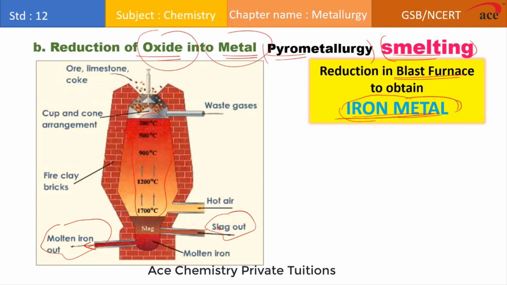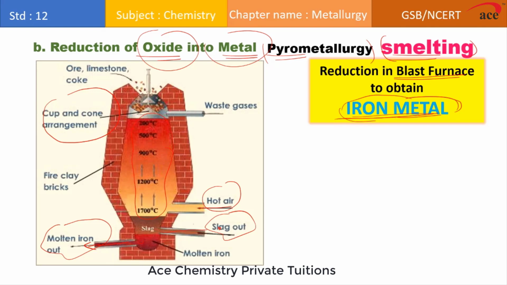500 Kelvin. At the top, if you see, there is a cup and cone arrangement to introduce the ore, and at the bottom we are finding two outlets. There is one inlet, and this inlet is kept for hot air, students. A blast of hot air at about 1000 Kelvin is blown from the downward to upward by a layered arrangement. And this temperature range that I told you is 2000 to 500 Kelvin.